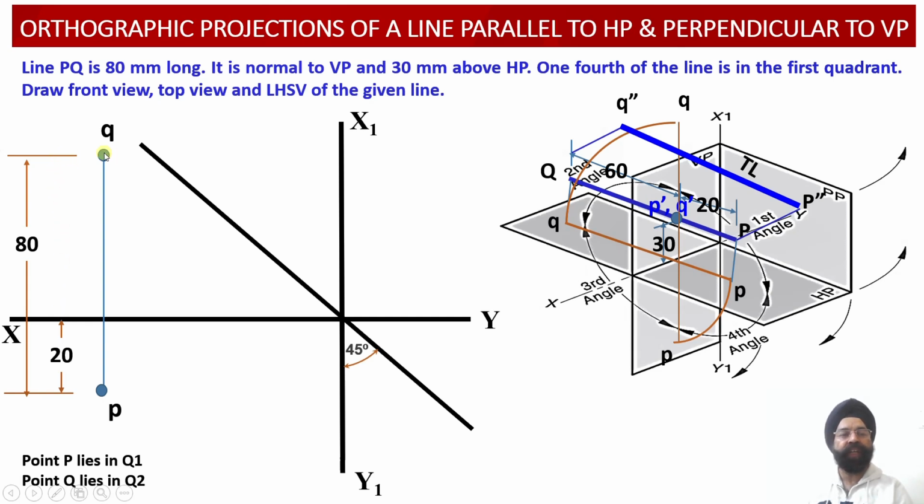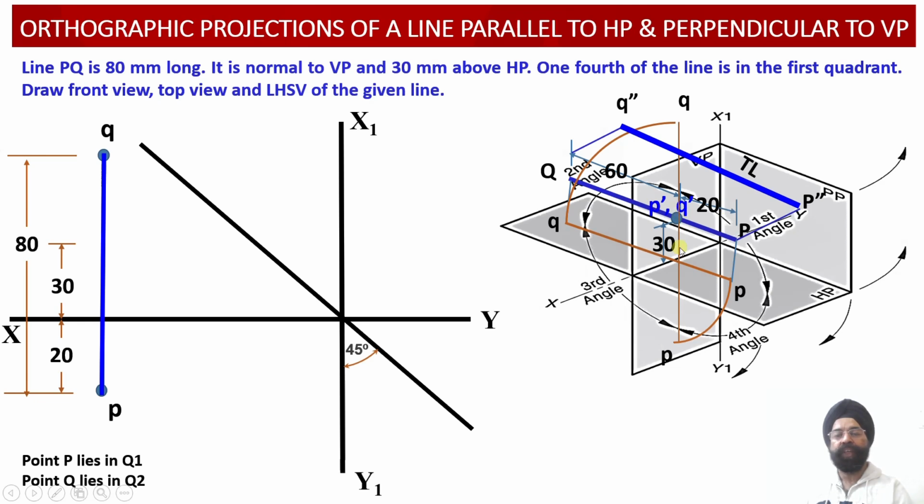Once again, the total distance between points P and Q in the top view projections will become 80 millimeter over there. So having obtained the top view true length projections of this particular line onto the horizontal plane, now we can join points P and Q over here. So this top view projection of the line PQ represents the true length projection of the line.